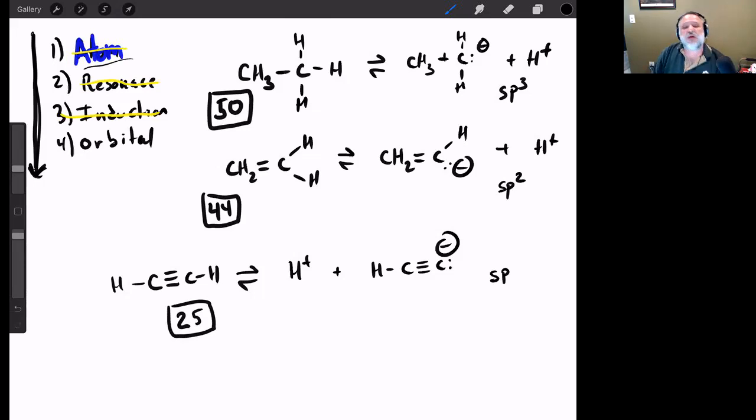And so when you think about the differences in acid strength, ethene is about 1,000,000 times stronger than ethane. The difference here is 6 orders of magnitude, 10 to the 6th.